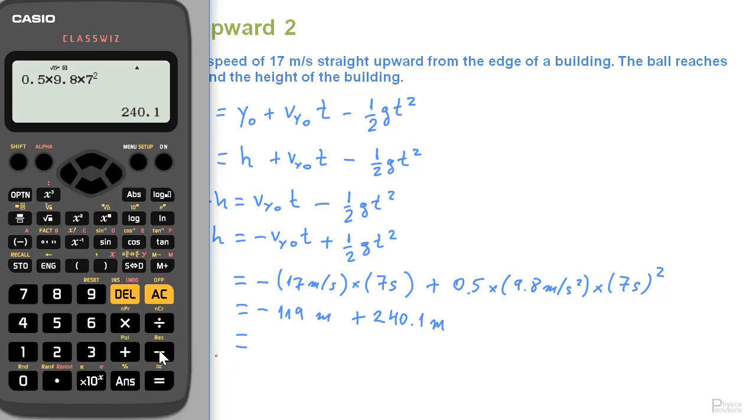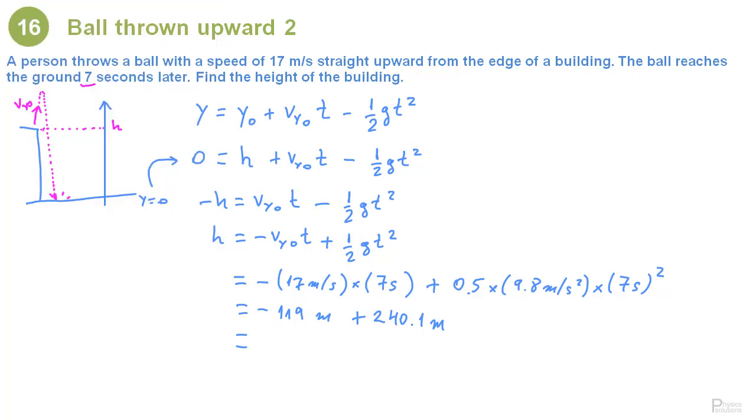And this is minus 119, 121. So we get 121 meters. This is the height of the building.